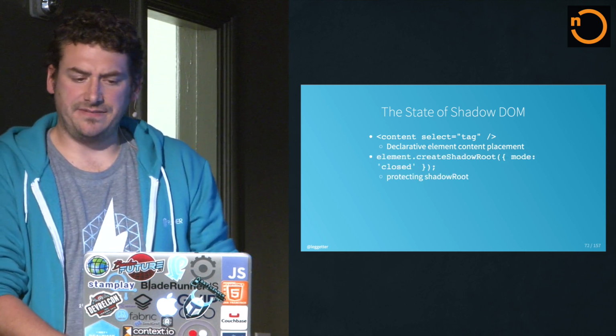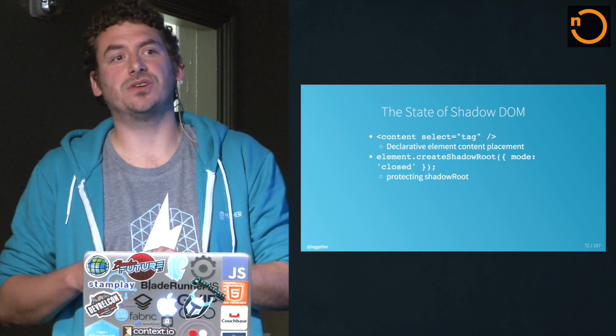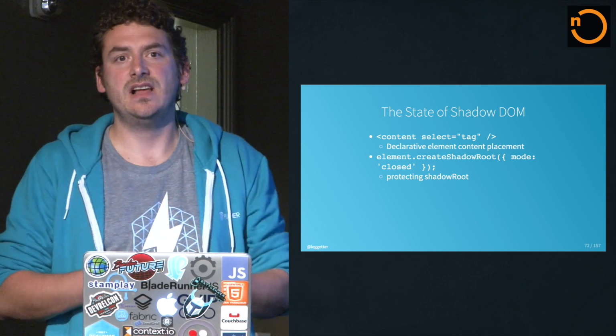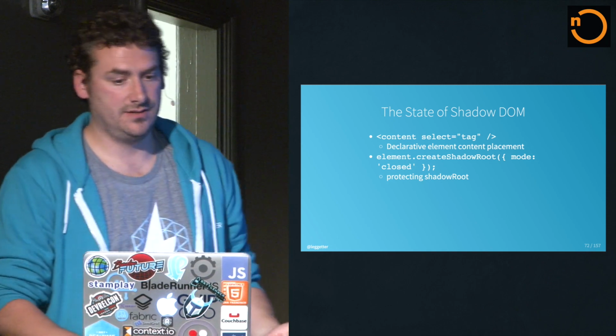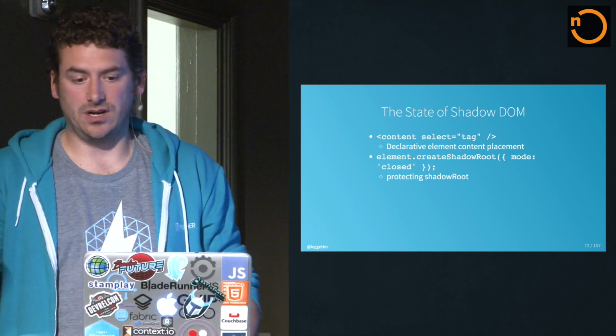I think Apple specifically are pushing for being able to make the shadow root inaccessible so that you can create it, but then as a developer, you can't dive in and hack the contents of that. The idea of protecting a custom element that's maybe been provided by a third party. So create shadow root will likely at some point have an argument that you pass in.